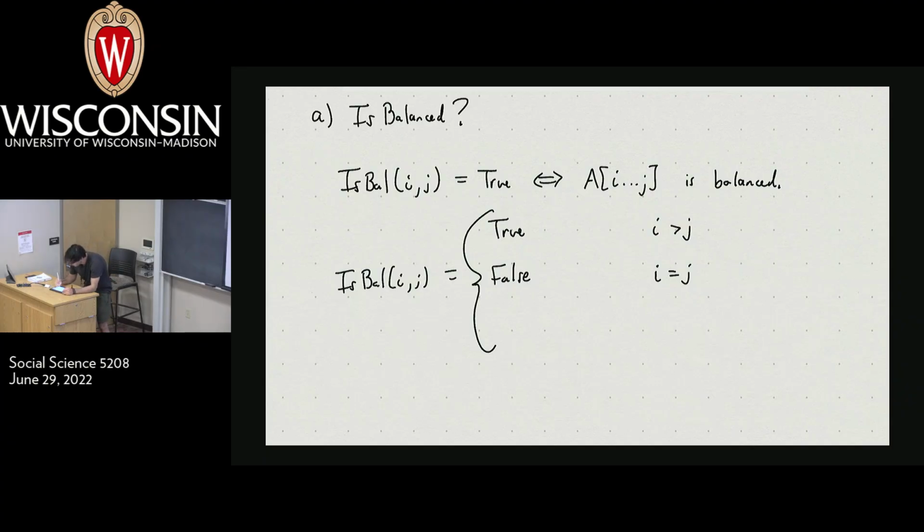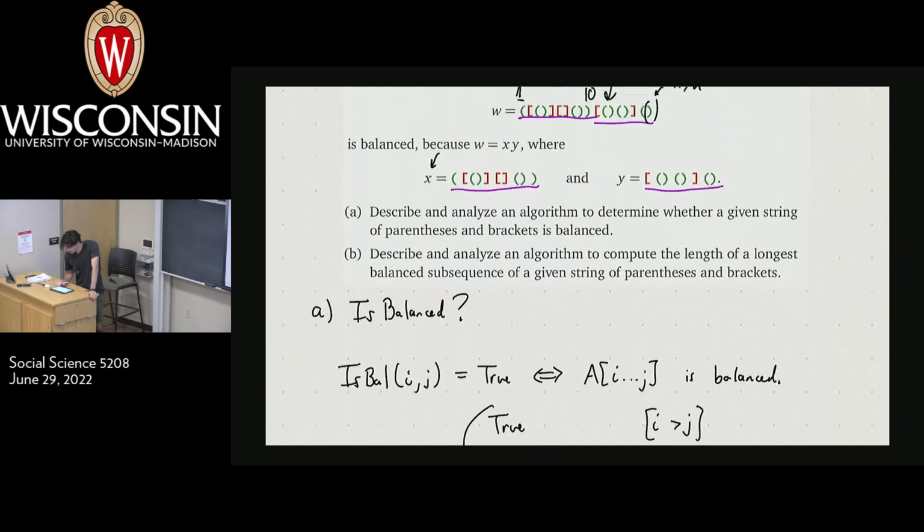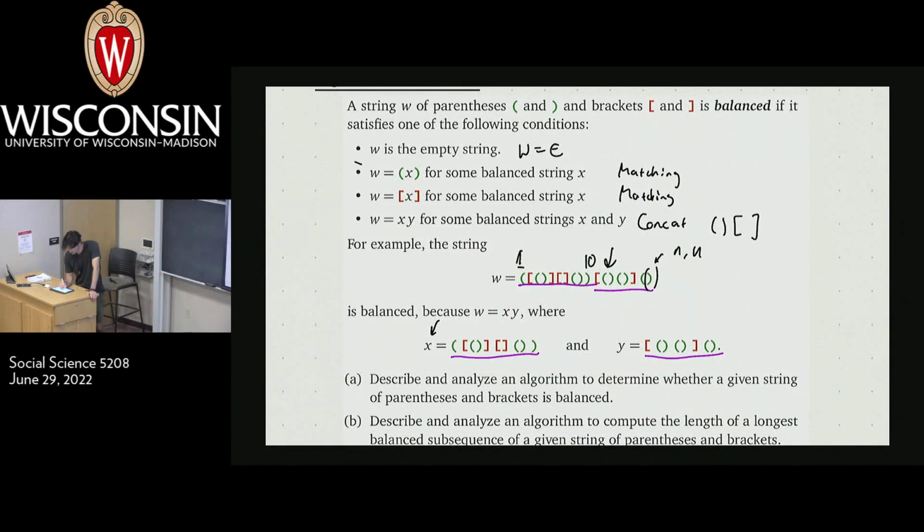So otherwise, we have i is less than j. Say it's significantly less than j. Now we have a bunch of characters we have to think about. So it's balanced if it satisfies one of these cases.